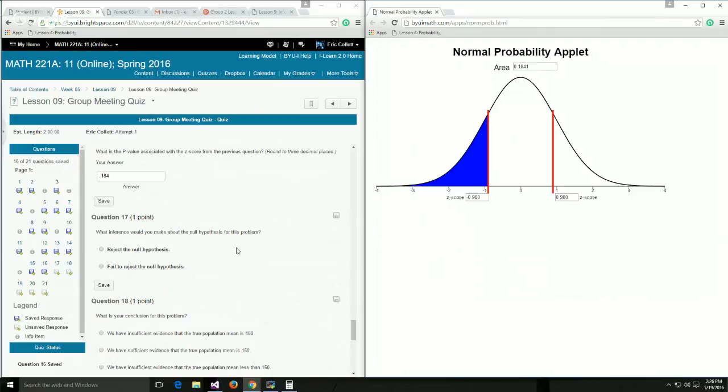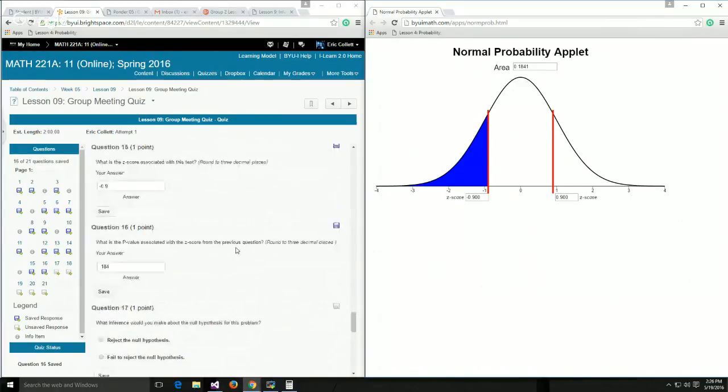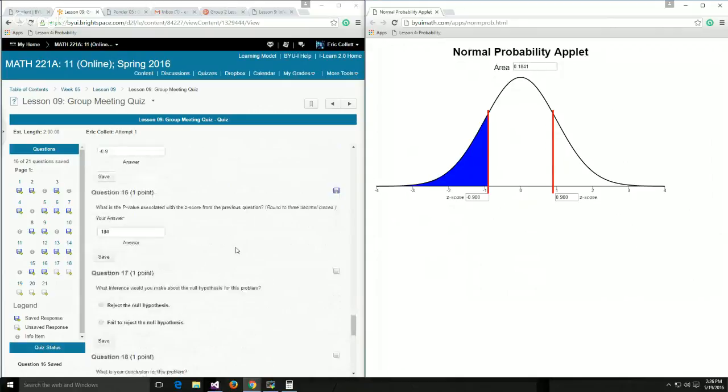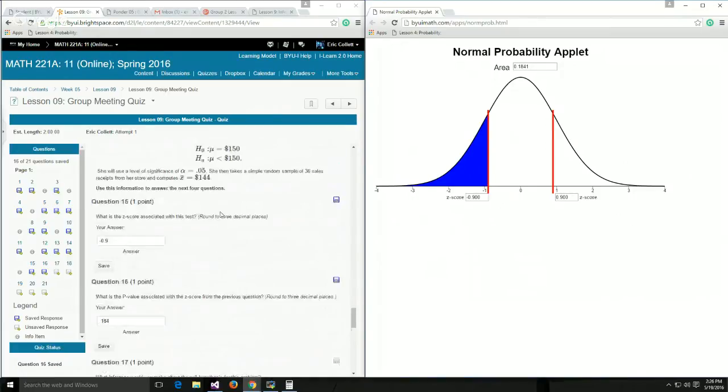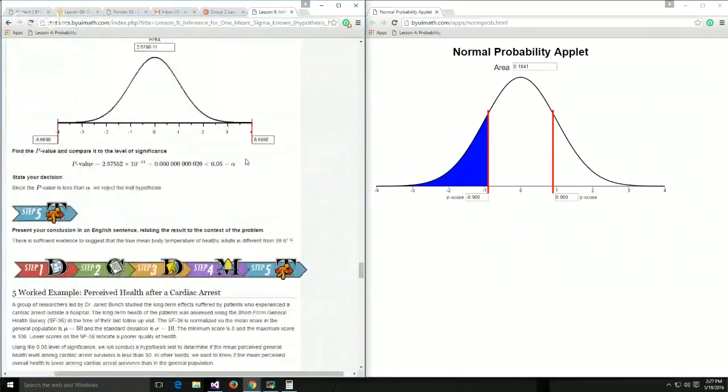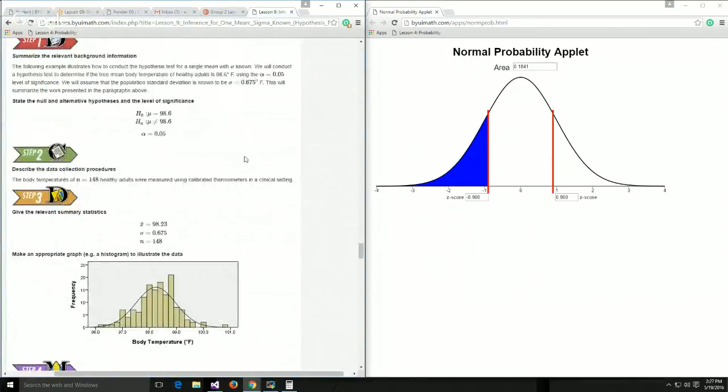And then what inference would you make about the null hypothesis for this problem? Wait, so what did you guys get for 16 then? Sorry, 0.184. Okay. So our level of significance is 0.05.